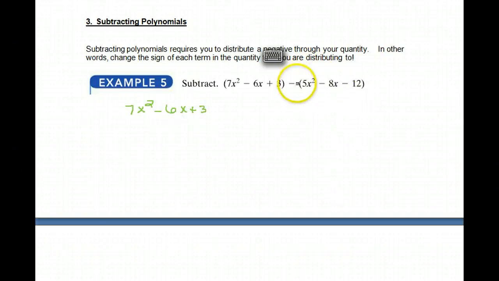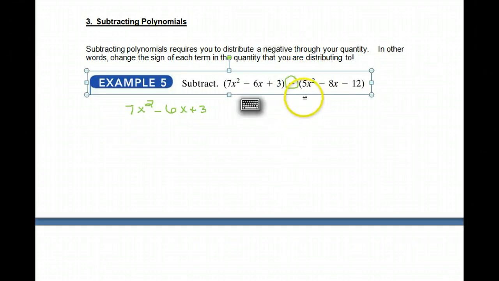However, for the next set of parentheses, we have a minus sign in front of it. That is like having a negative quantity, and that requires us to distribute that negative to every single one of those terms, which will flip all of their signs.